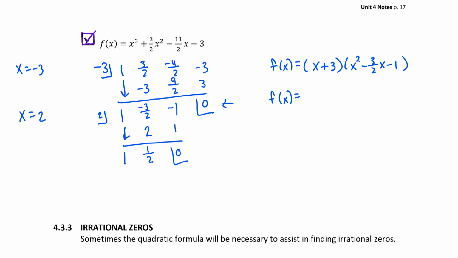So looking at our process over here, x plus 3 was the first factor. Now, breaking down our quadratic, which was represented right here, we have discovered that x equals 2 is a 0, therefore x minus 2 is a factor. Well, what's the factor that goes with that? This guy is now degree 1. We can write that as x plus 1/2.